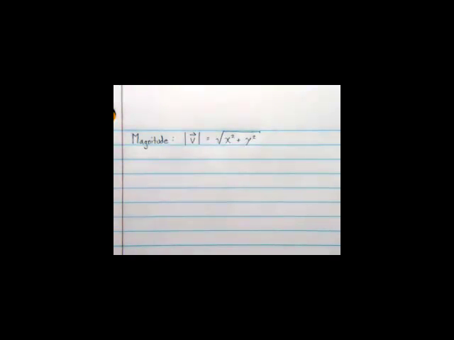See how that's really just the Pythagorean theorem kind of stuck in there? Okay? The magnitude was the c part of the Pythagorean theorem. So if you solve the Pythagorean theorem for c equals the square root of a squared plus b squared. But what's a and b really in this picture? It's x and y, right? So it's the square root of x squared plus y squared. That's what we were doing.